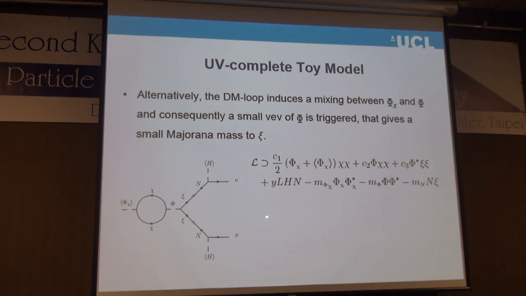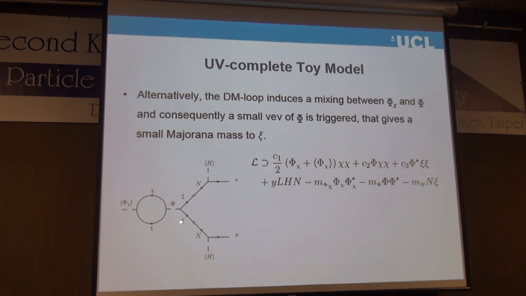Okay. Now, to answer your question, alternatively, without integrating out the heavy particles, one can look at the UV complete one. That is to include all the heavy neutrinos to look at the heavy neutrino mass. So the dark photon mass actually induces mixing between these two guys, right? And once the phi chi gets a VEV, it will trigger a small VEV. Okay? But the capital phi talks to chi, right? So it actually gives a small mass to chi. That's the neutrino mass.